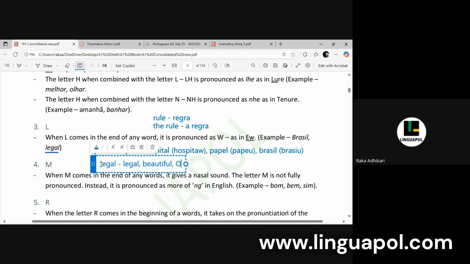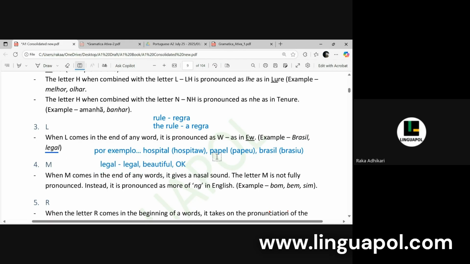It is also used to say okay, to agree with something. For example, if I ask you, can you take the class at 8 p.m.? Then you say, it sounds okay. So you say legal. So it has three meanings. It can be legal in the proper legal terms, it can mean beautiful, or it can mean okay, to agree with something. So all these meanings are attached to the same word.